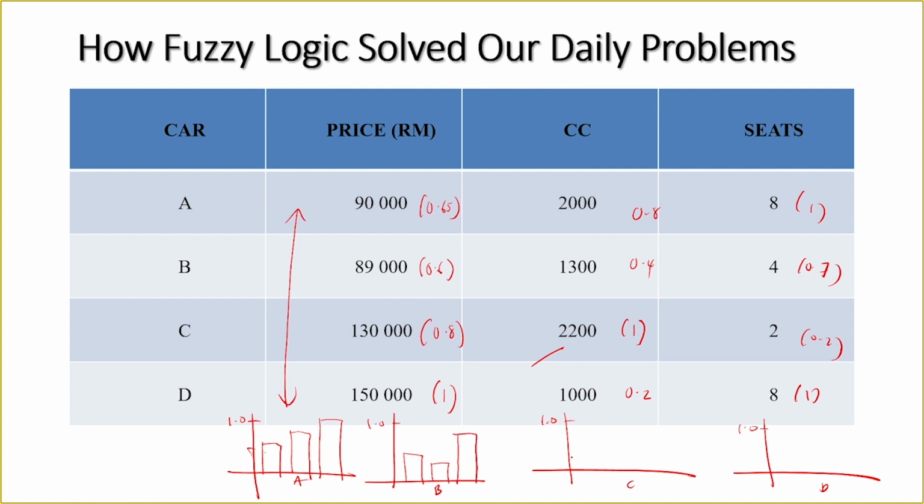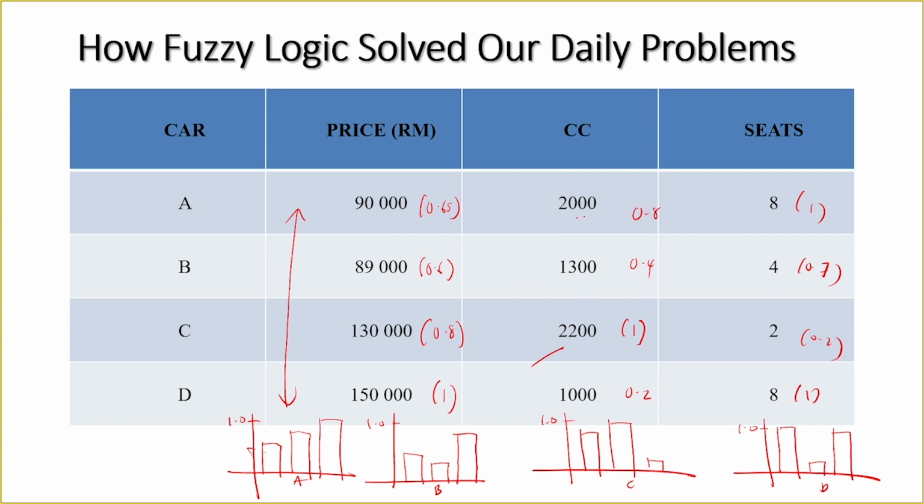Then we go to C, 0.8, a bit higher. Then this is 1. This is 0.2. Then this one could be 1. This one is quite pricey then, but the CC is 0.2. Oh, price, okay, but the 6 is good.